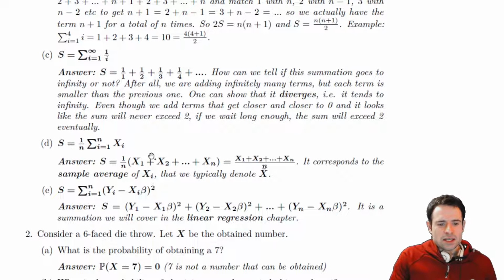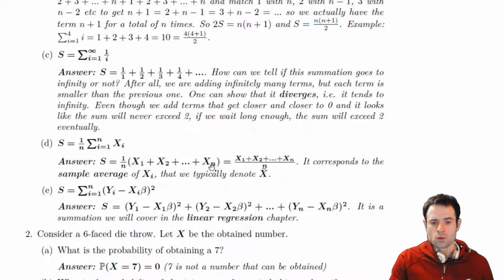The sum in D is the sum of random variables xi, and all of them are multiplied by 1 over n. So if you expand this sum, you get 1 over n, open the brackets, and then you get x1 plus x2 plus x3 and so on.